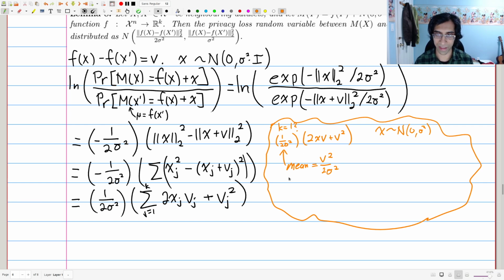And the variance, how do we compute this? Recall that when you multiply a Gaussian by some constant, the constant shows up squared in the variance. So the variance is going to be equal to 2v divided by 2 sigma squared, squared, times the sigma squared that we already have here.